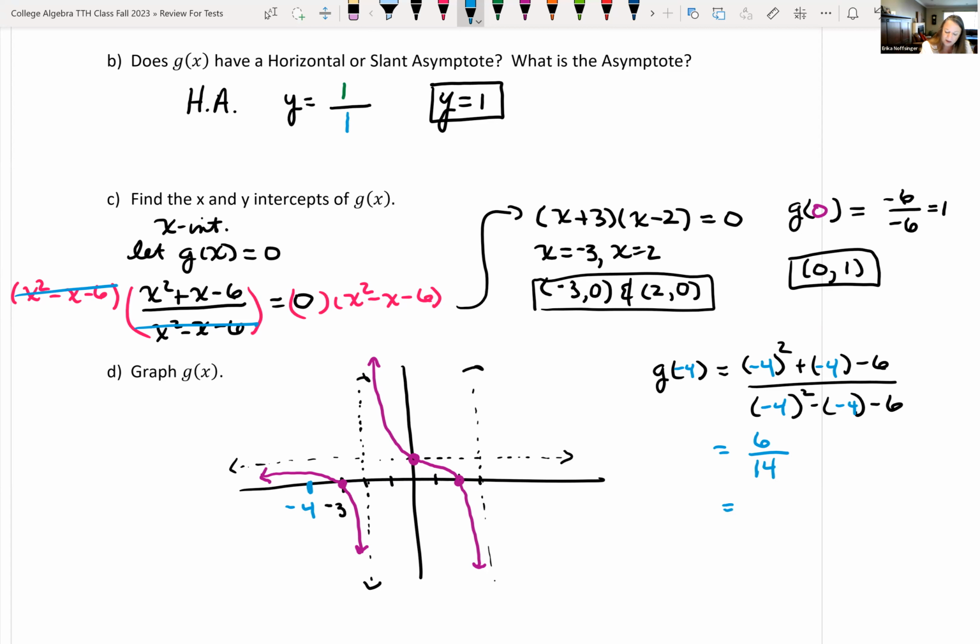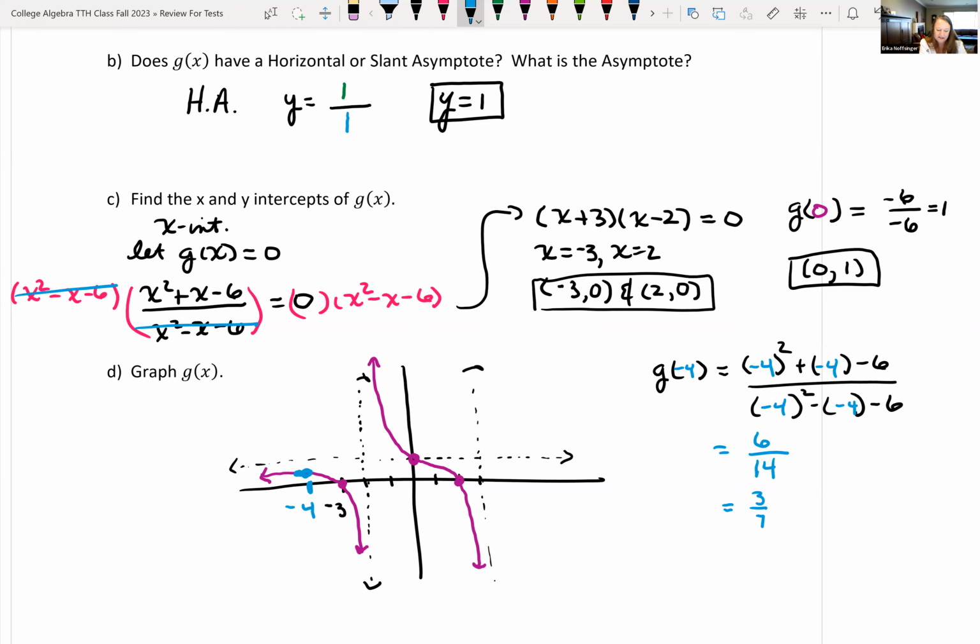So notice this is a positive number. It's going to be less than 1. It is less than 1. 3/7. So we have this value up here. So what I had determined it was going to be was where it was. Looks like this.